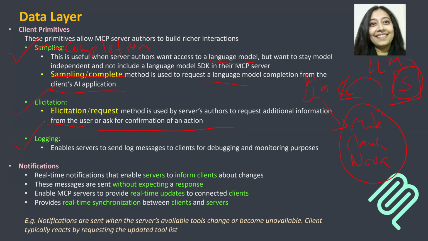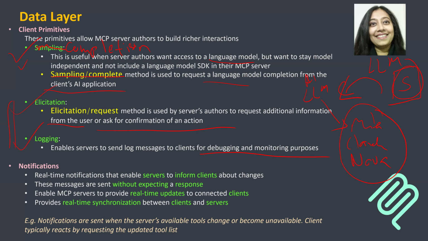Logging is what enables the servers to send log messages to clients for debugging and monitoring purposes. So the last two are very easy. This is the one that you have to understand. Basically, it is to send a completion signal or a completion message to the LLM to complete that particular task.